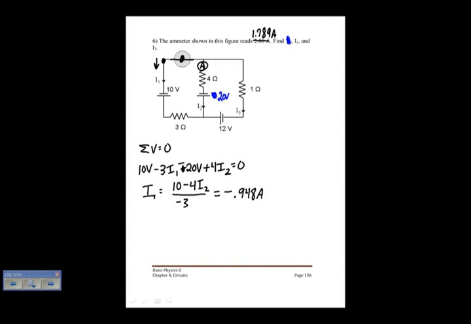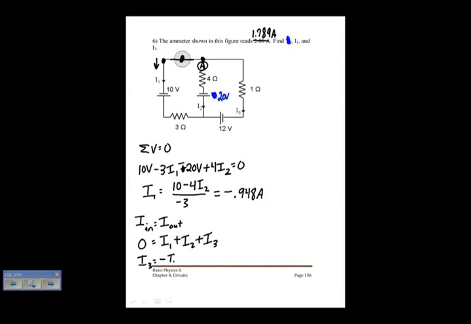Now, I know I1 and I2, and I also want to know I3. So the easiest way is to do the junction rule, and that says that I in equals I out. I'm just going to pick any junction. The incoming currents, well, let's see, they're all outgoing. So the incoming currents are 0. And then that equals I1 plus I2 plus I3. And I'm looking for I3.